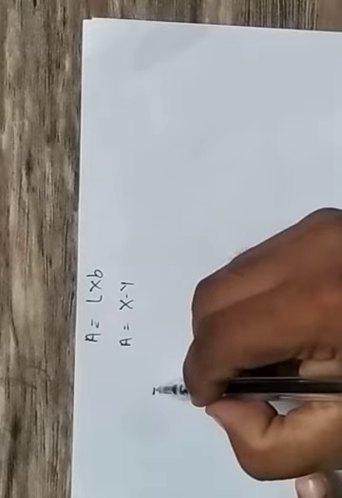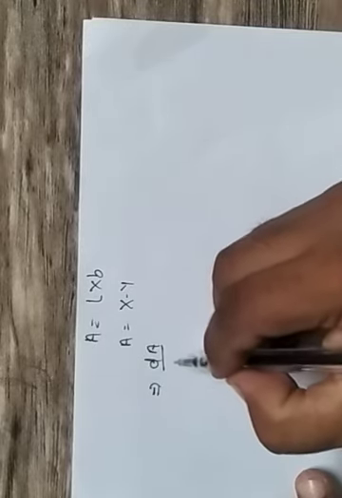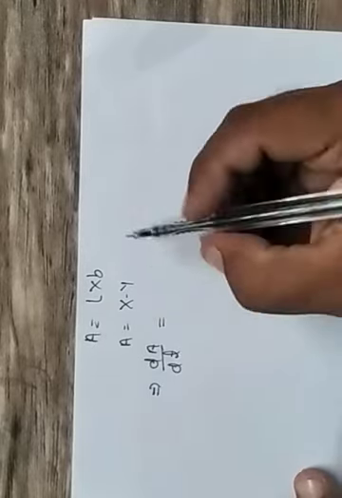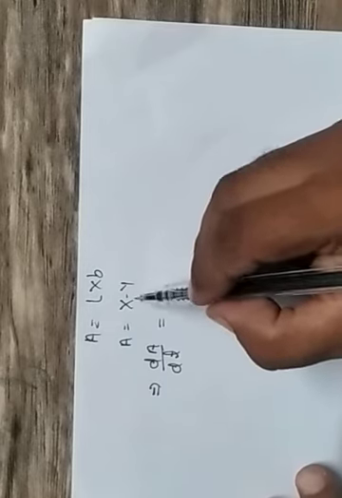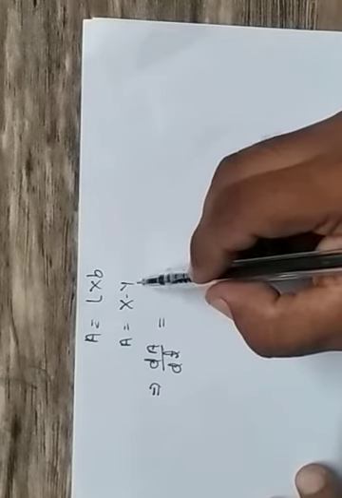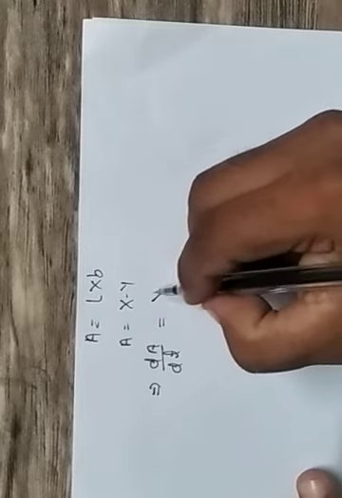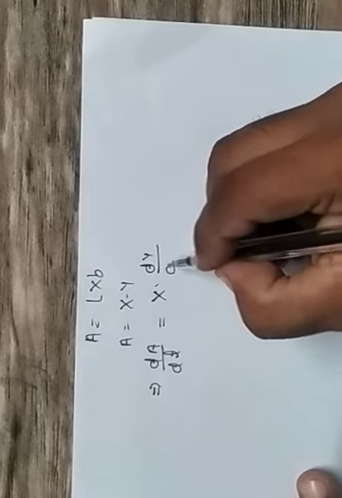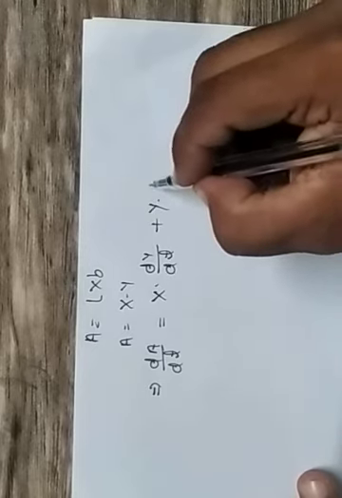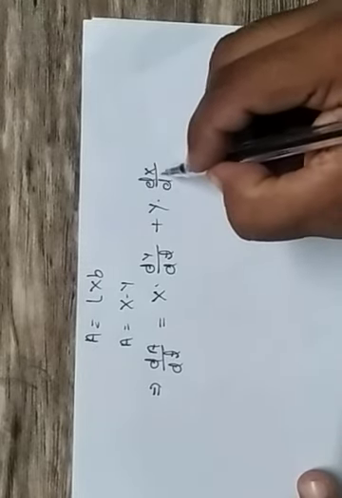So dA upon dt is equal to, since we have two different variables, we will apply the product rule: first into differentiation of second plus second into differentiation of first.